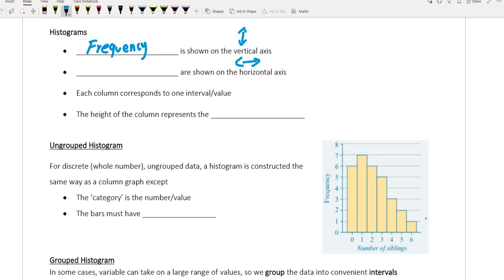And on the horizontal axis are the values of variables. Each column corresponds to one value, or one interval if we group them, and the height of the column, how high it is, is obviously going to represent the frequency.